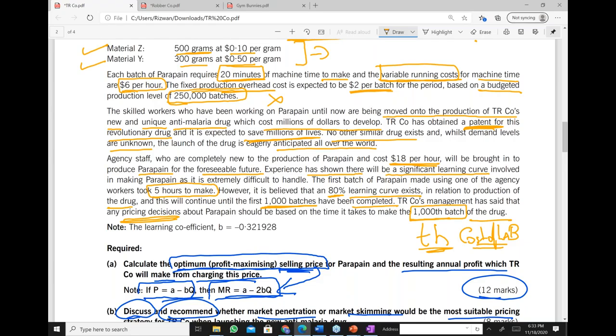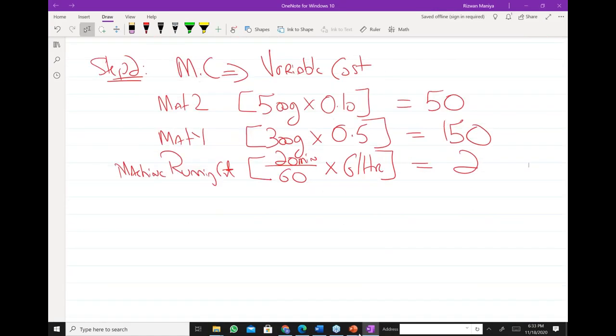Anyways, let's come back. So the decision will be based on the 1,000th batch, which means we have to work out the time for the 1,000th unit of labor, and we need to incorporate the learning curve. Guys, let's start with the calculation of labor. Labor is part of your variable cost, and this will require the calculation of the learning curve.